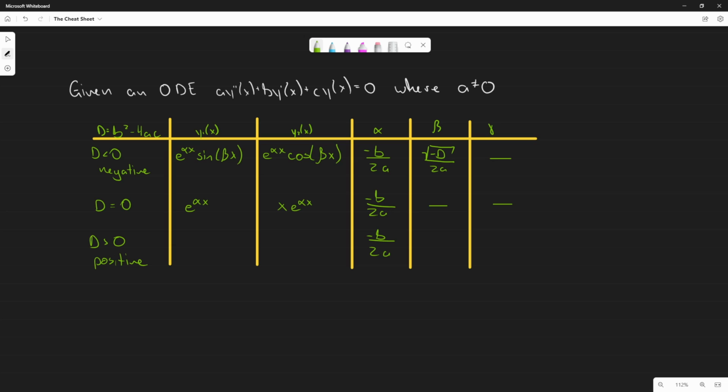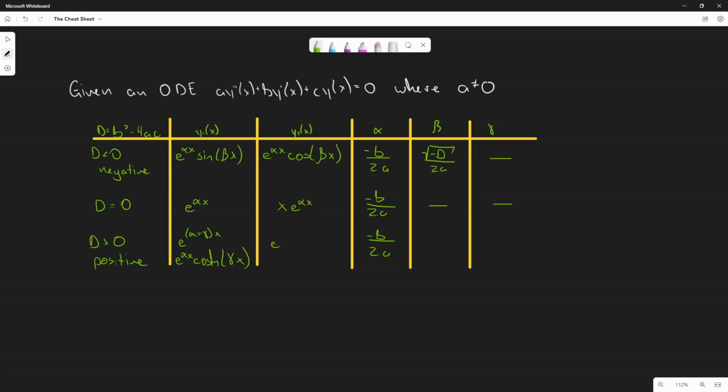Our last case, where D is positive, we'll have e raised to the alpha plus gamma times x, or another way to write this is e to the alpha x times hyperbolic cosine of gamma x.